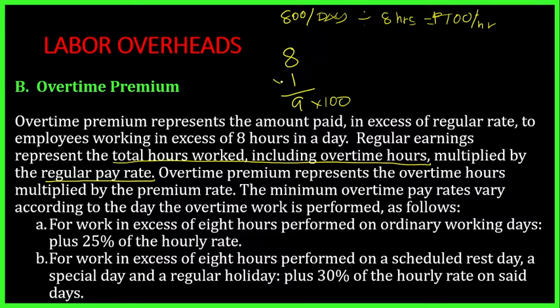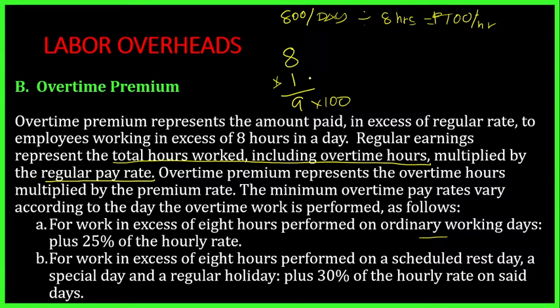So this is our overtime hours. So what is the premium rate? Ayan. Sabi niya, the work in excess of 8 hours performed on ordinary working days will be plus 25% of the hourly rate. Okay, so this one, what's 25% of 100? That will be 25 pesos.